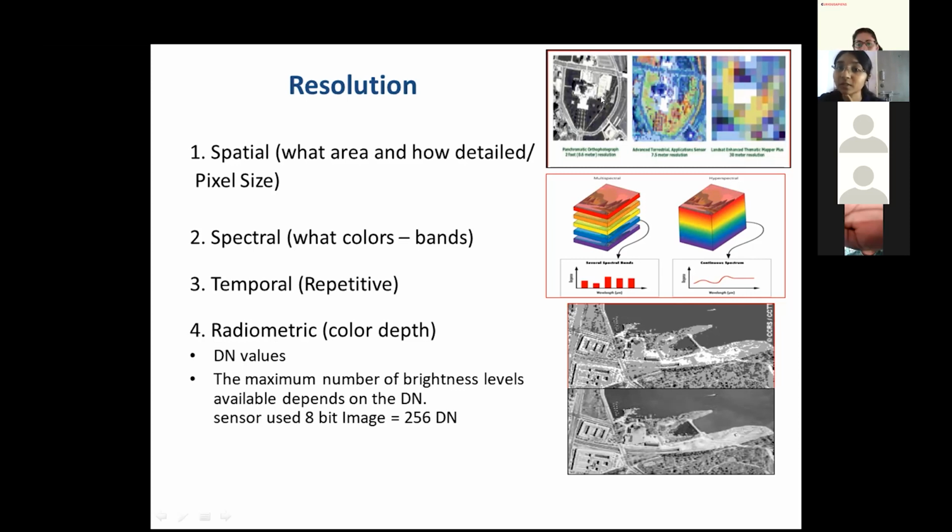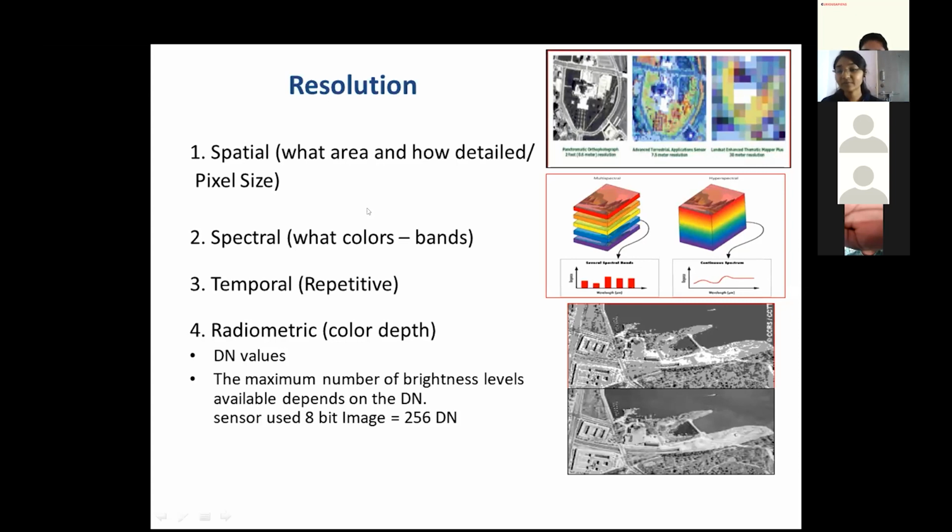But the spatial resolution is really good. When we see this image, it's not looking blurry, it is actually giving the detail. So this is the high resolution satellite image, the low resolution, and the lowest one we can say is a coarse resolution satellite image. That is one property of satellite images, the spatial resolution property.